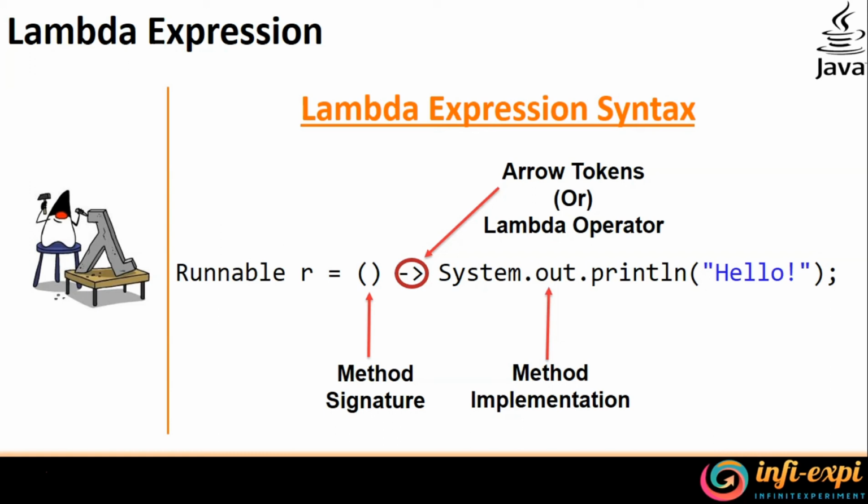Every programming language like Python and JavaScript has lambda expressions, with a different symbol to denote them. Python has its own symbol separating the implementation and the method signature. JavaScript uses a unique symbol, and Java uses a hyphen and a greater than symbol combined, which we call an arrow token or a lambda operator.